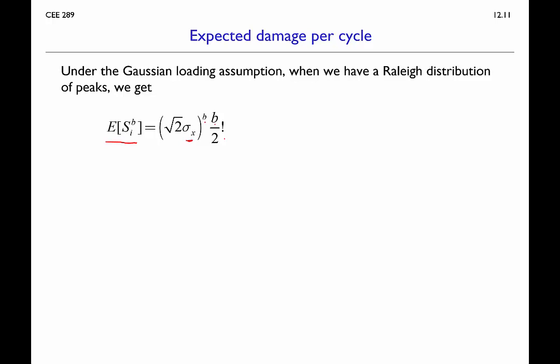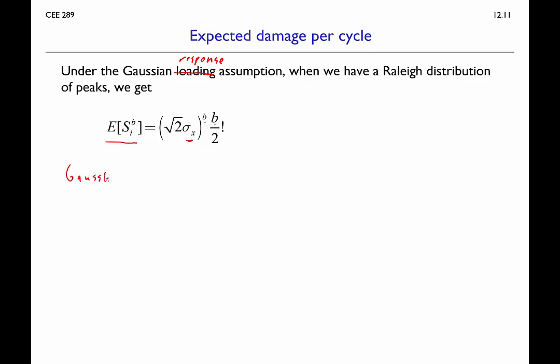Okay, so let's make a couple comments on this. So this was all true if we had Gaussian loading, and so a Gaussian response. Let's call this actually a Gaussian response assumption. It's really the response that's governing this formula.